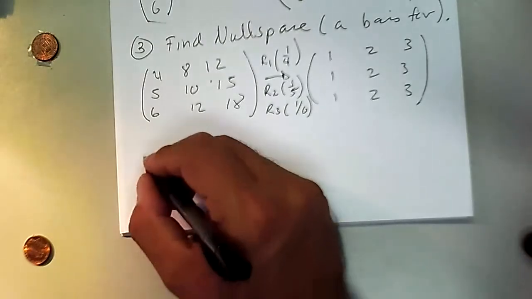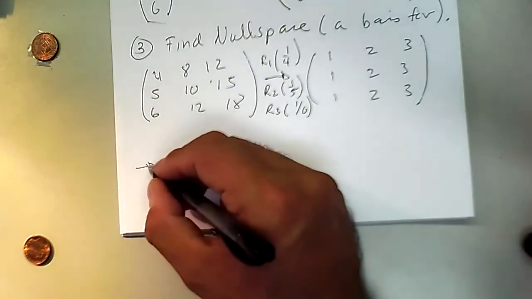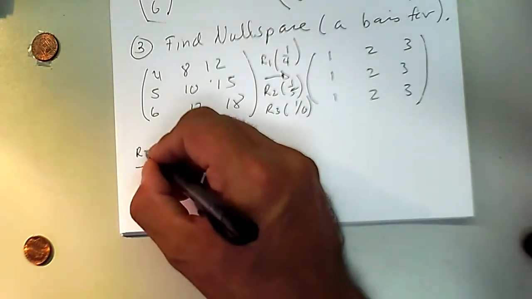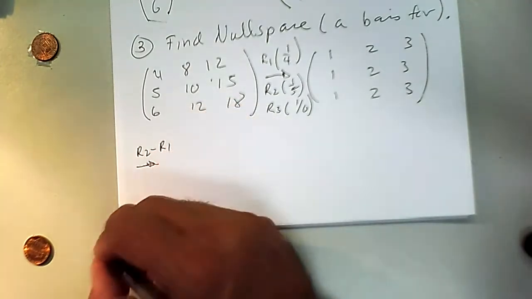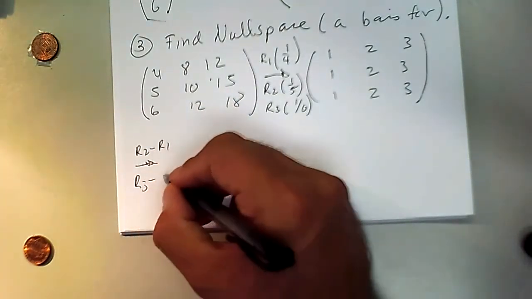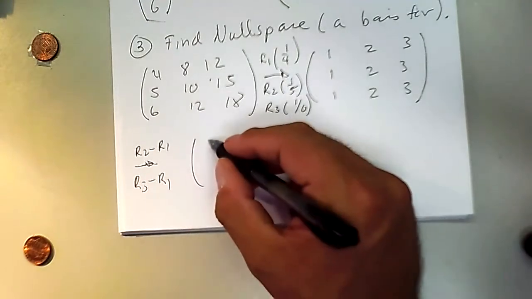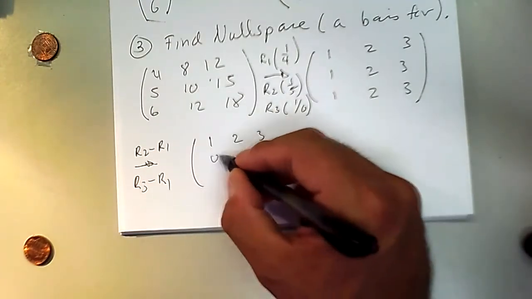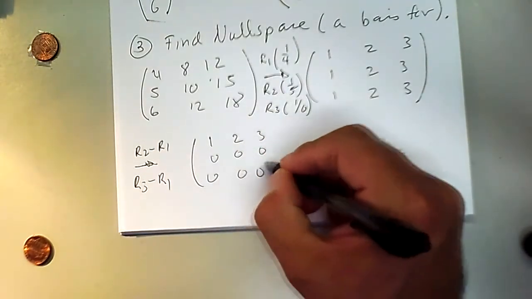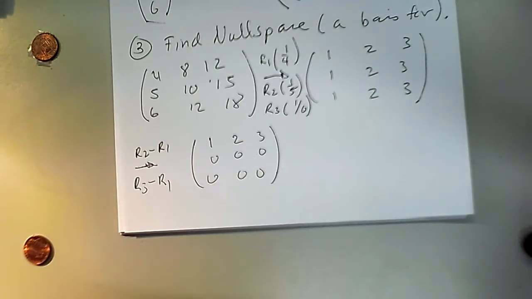So we're doing row operations, and then we can take the second row and subtract the first row, and the third row minus the first row also, and that's going to give us 1, 2, 3, 0, 0, 0, 0, 0, 0. So we row reduced it very quickly.